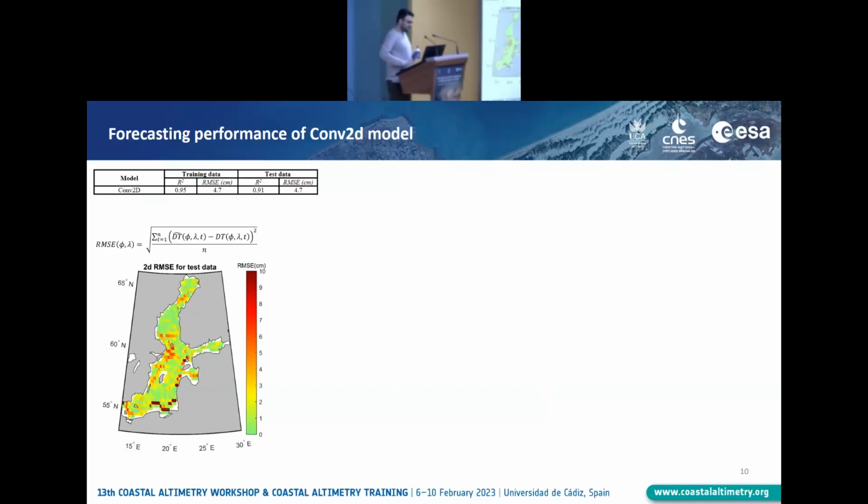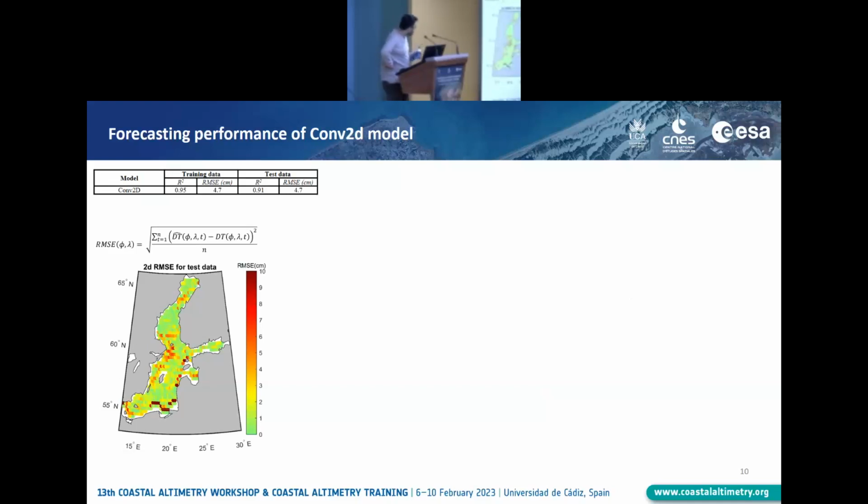The implementation results show that the Conv2D model could predict the sea level for the training and test sets with an R squared of around 95% and 91% respectively. Also, the RMSE was found to be around 4.7 centimeters, which shows the good performance of the applied model.